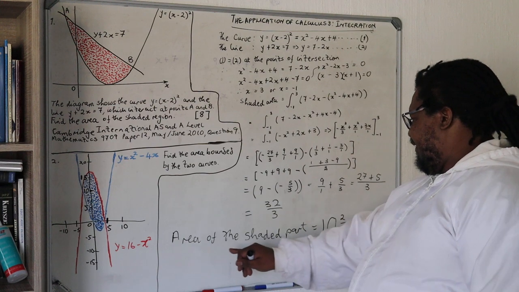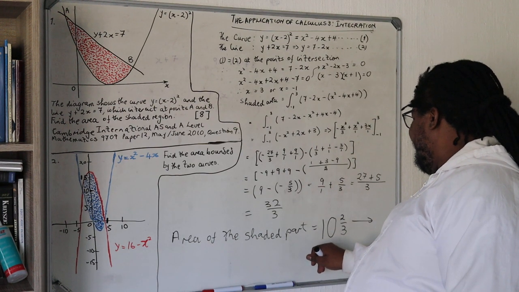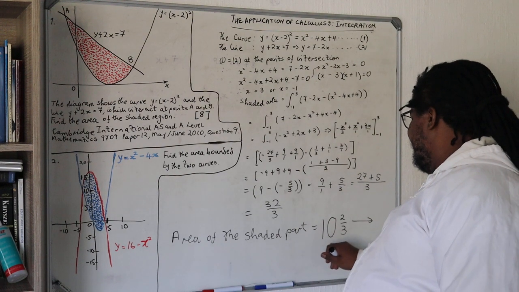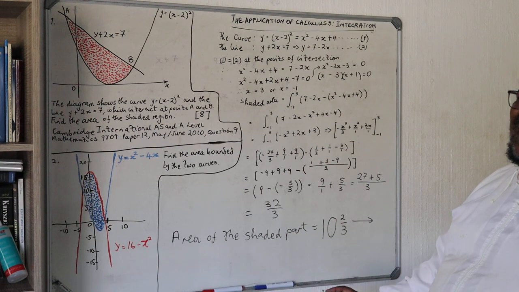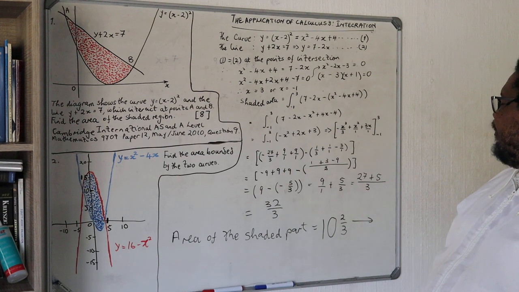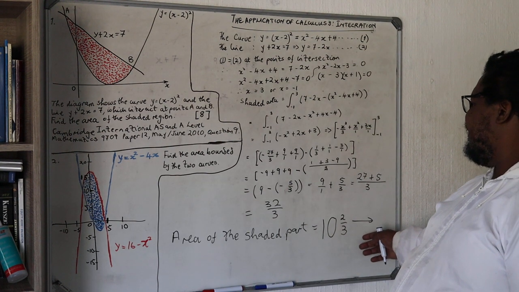And because we have stated that the area is, then it automatically follows that whatever units that area is in, they are squared units because it's area. So don't panic about whether you have put a squared or not. Leave it like that and you are done. This is 8 marks.